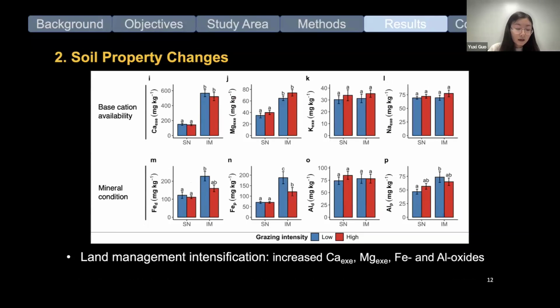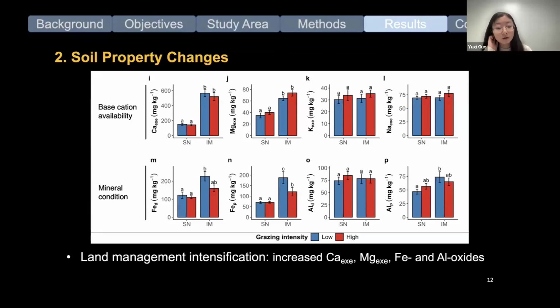And in addition, land management intensification also had substantial effects on the base cation availabilities, shown in the top row, as well as the iron and aluminum oxides shown in the bottom. So in intensively managed pastures, we can see there are very high levels of exchangeable calcium and magnesium.